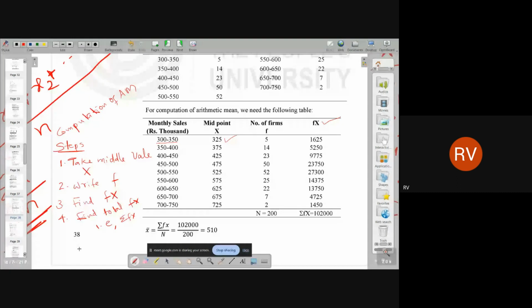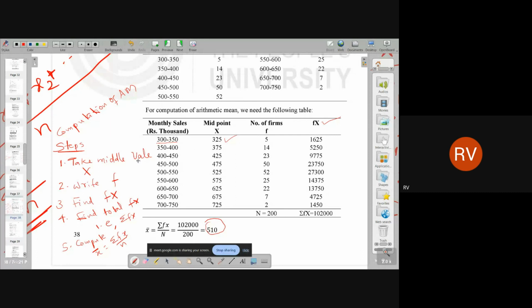Then step 5: compute x bar is equal to sigma fx by n. Sigma fx is 102,000 divided by capital N, number of firms, which gives 510. This is the arithmetic mean. The calculation of arithmetic mean is very simple.